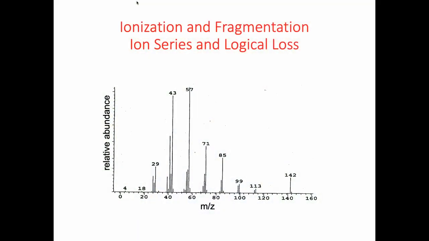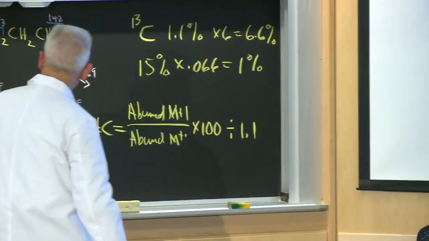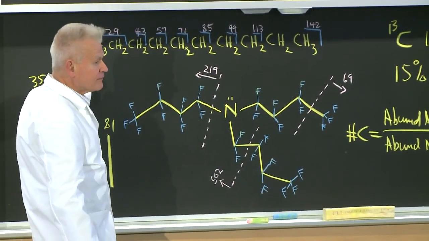Here's another spectrum. This is very interesting because all these peaks are separated by methylene units, 14 mass units, CH2 units, all through the whole spectrum. When you see that, you know you've got a long chain of carbon atoms as part of your spectrum. So this particular spectrum is decane.